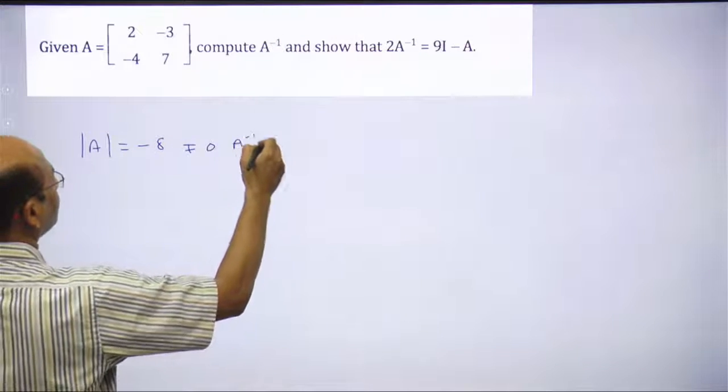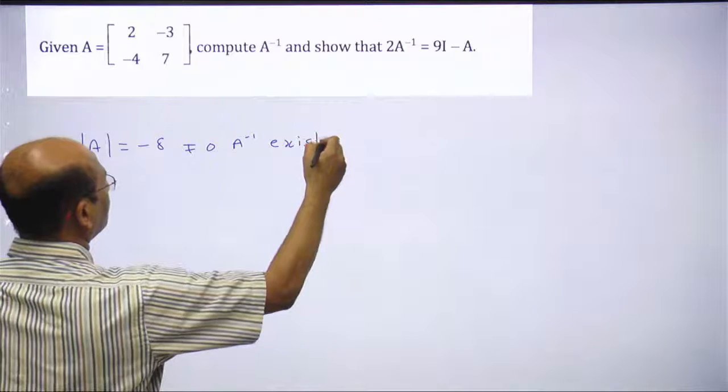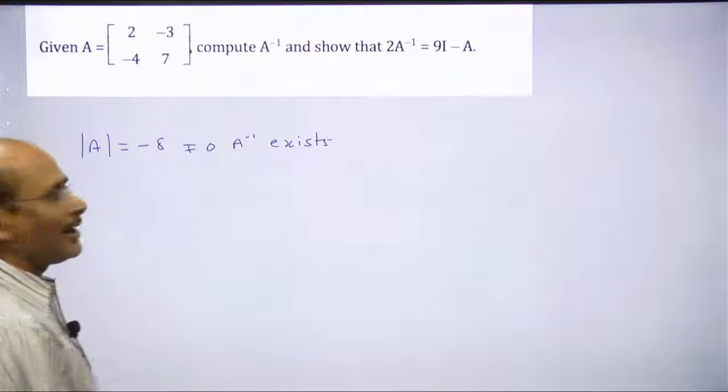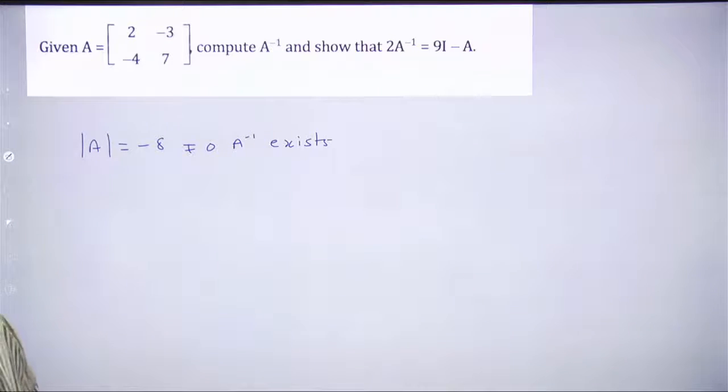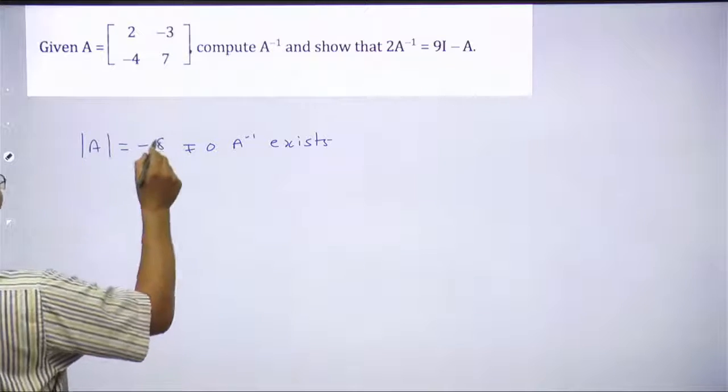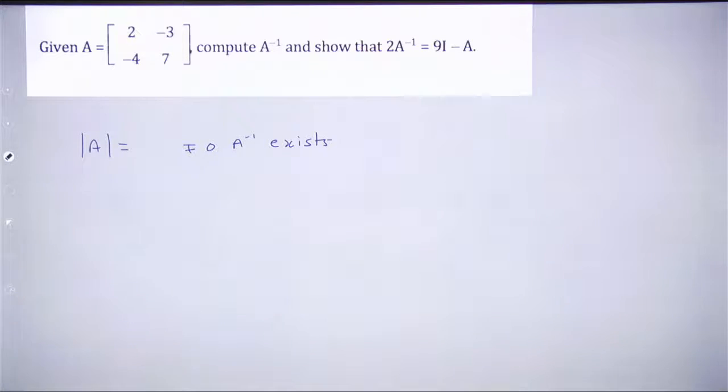Sorry, sometimes you think too much. 7 into 2 is 14, 14 minus 12, I think everybody knows it is 2.